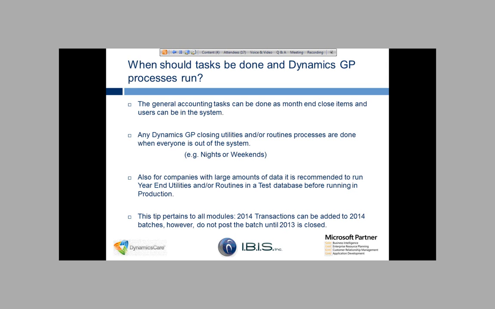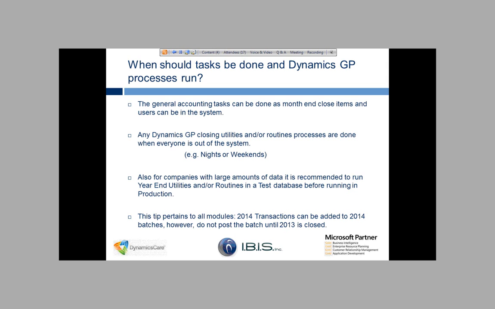The reason for this is, if you post the 2014 transactions while the 2013 submodules are not closed, the information on those transactions is going to get meshed in with 2013 information for the submodules, so things like vendor year-to-date amounts or average days pay calculations won't be right.